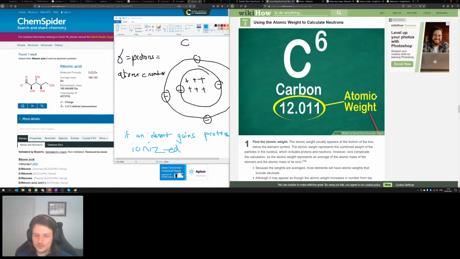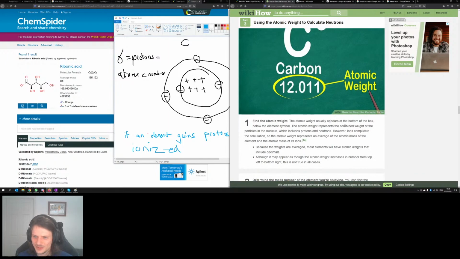Weight, the atomic weight. So this is constituted by how many protons and electrons, I guess maybe neutrons as well. So atomic weight represents the combined weight of the particles in the nucleus, which includes protons and neutrons.